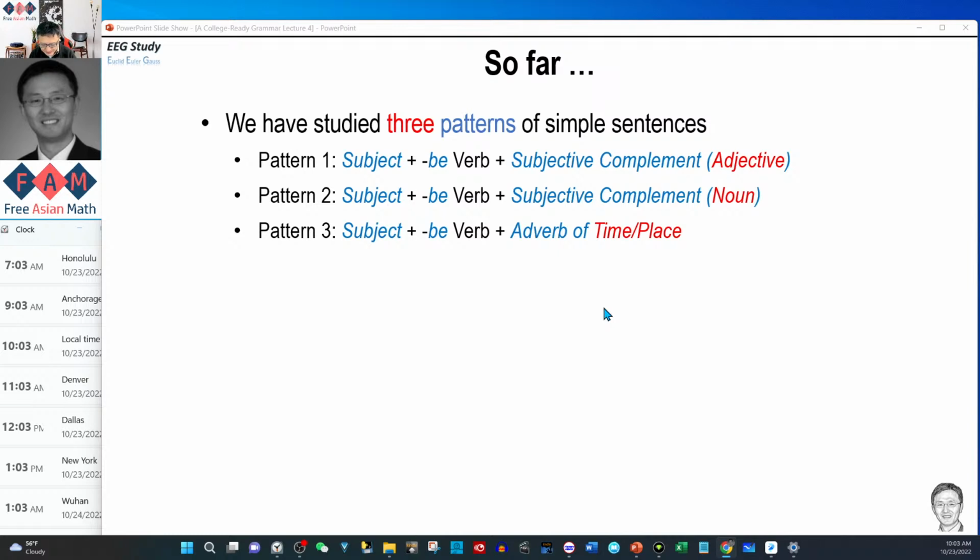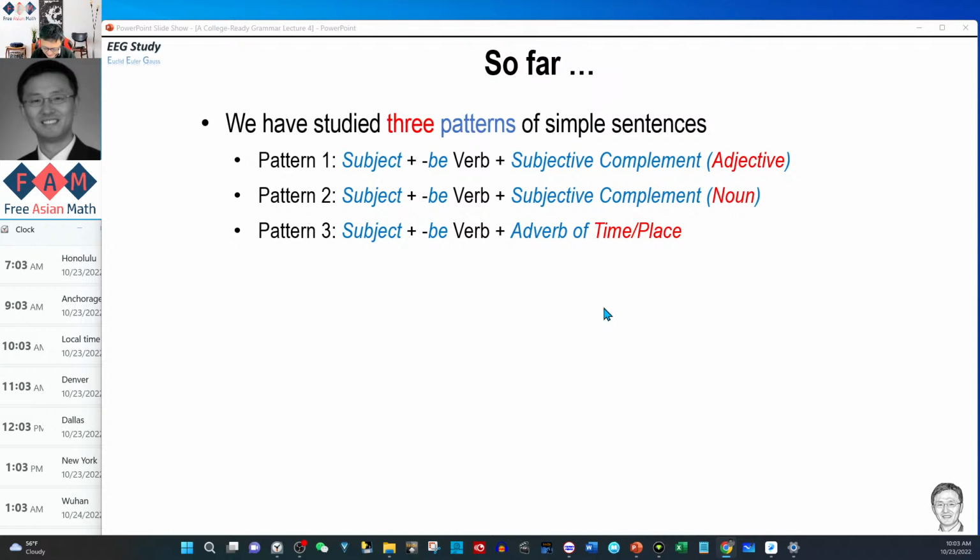And pattern 3 is kind of interesting. It carries some properties of the first 2, but instead of having a subjective complement, which is just an adjective or a noun, we have an adverb in this case, and this adverb is usually either of time or place.